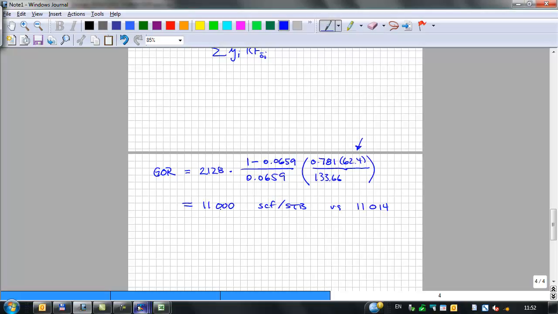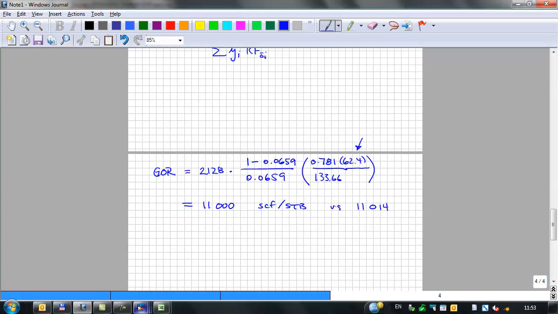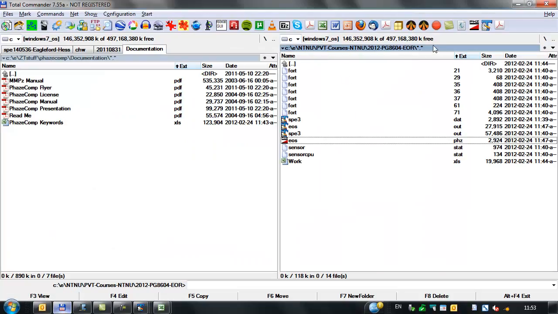We're close enough for the 62, should be 62.42, I think. There's a few little things like that, but okay, so we've got basically the same number for that. So the gas in place and the oil in place should be the same from the simulator and the PVT. Now we've got to see whether the recovery factors from the constant volume depletion are... let's see here, save this.